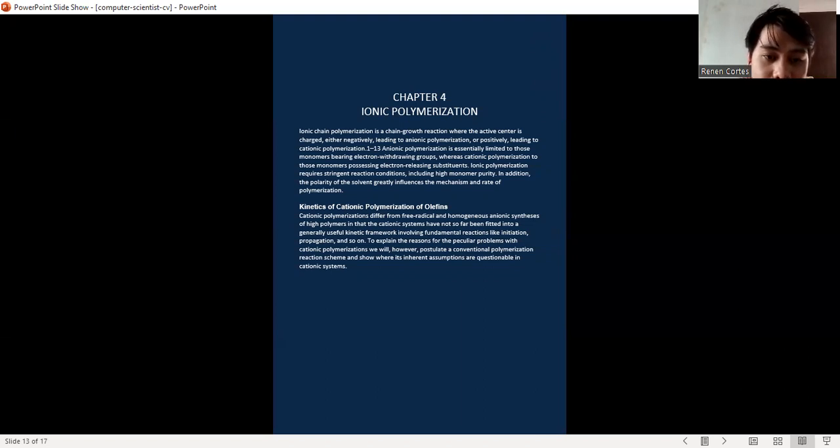Ionic polymerization requires stringent reaction conditions, including high monomer purity. In addition, the polarity of the solvent greatly influences the mechanism and rate of polymerization.